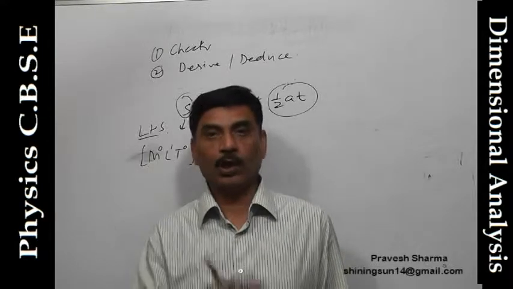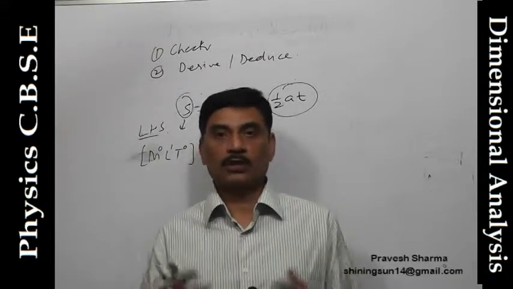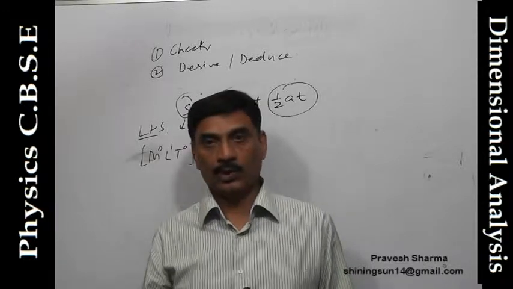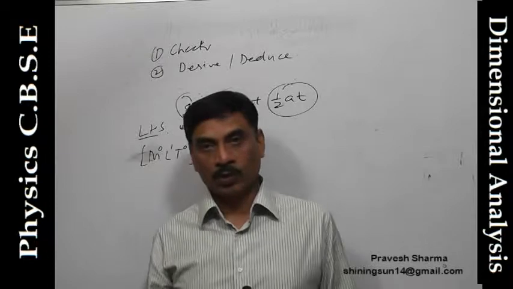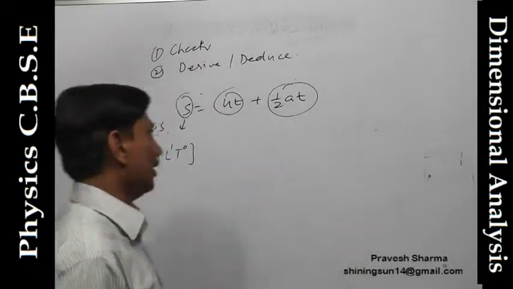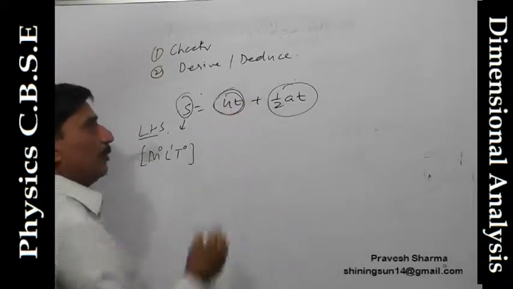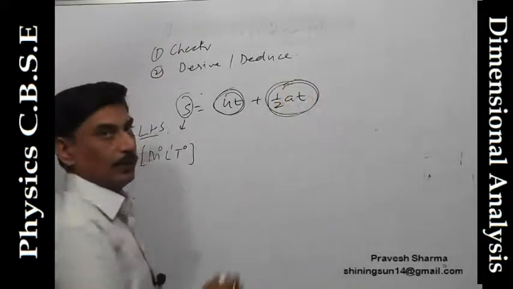In length, you cannot add volume. Or from volume, you cannot subtract acceleration. Acceleration can be added to or subtracted from acceleration only. Volume can be added to volume only, and so on. So over here, if this represents the dimensions of length, it should also have the dimensions of length, and this should also have the dimensions of length only.